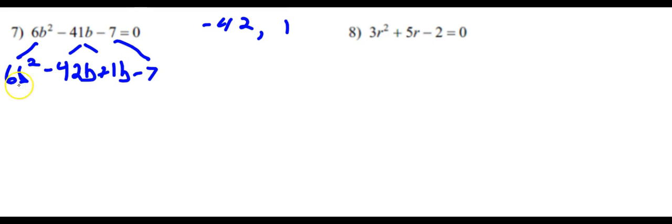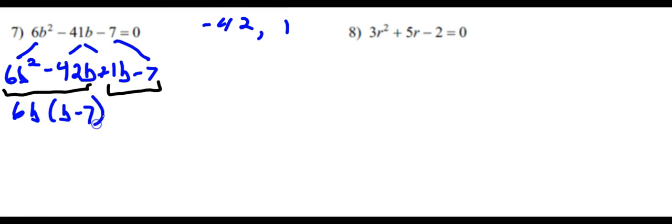And we'll group into 2 groups and then take out GCFs. So now the greatest common factor from 6b squared minus 42b is simply 6b. And what we're left with is b minus 7. And the only thing we can take out of this b minus 7 is just 1. And we're left with b minus 7.